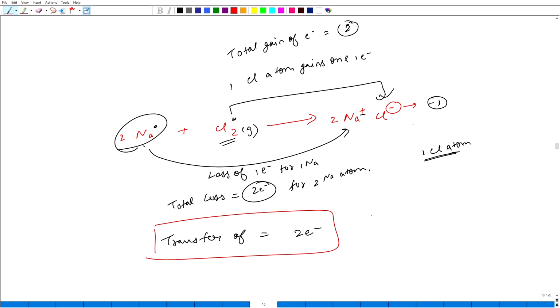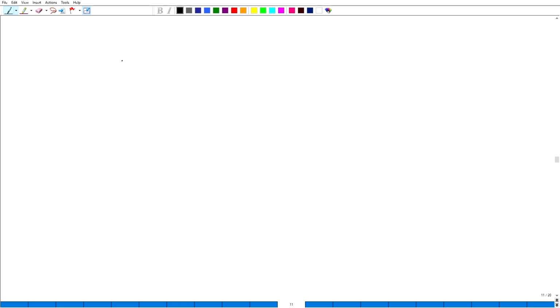So, what we have studied: this sodium has one electronegative element added to it. Sodium plus Cl2 gives NaCl. What I have said till now for sodium is that it has addition of one electronegative element.